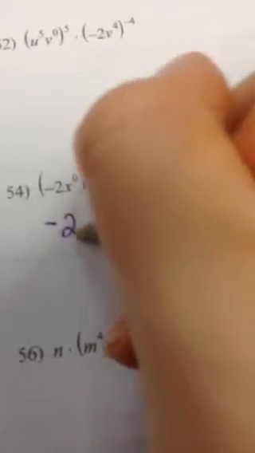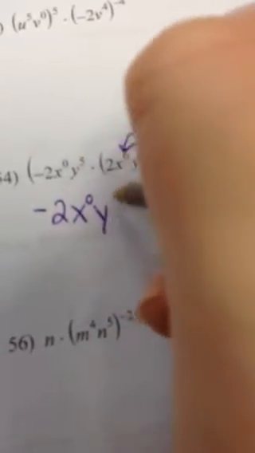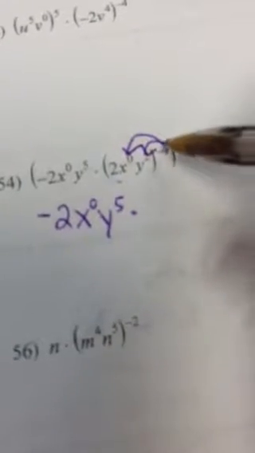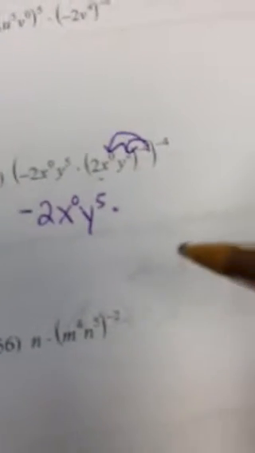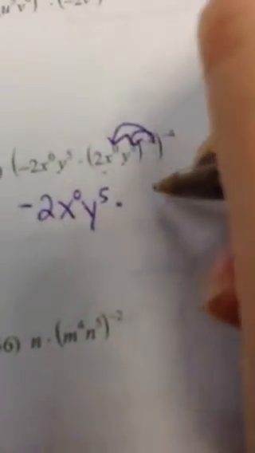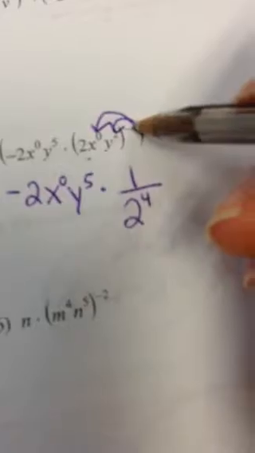So I'm going to bring this down, times. Okay, so 2 to the negative 4th power would be 1 over 2 to the 4th power which would equal 1/8.